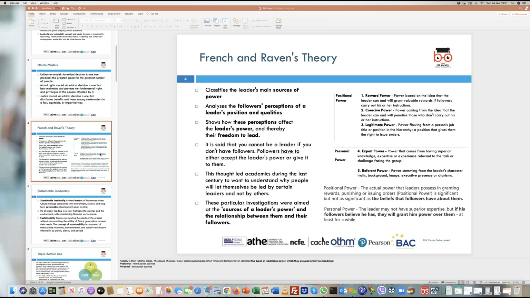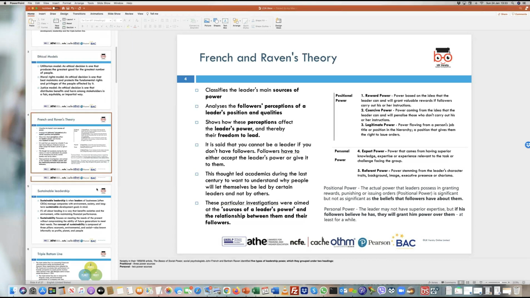When you start wielding these types of powers, whether it's reward, coercive, legitimate, expert, or referent power, it relates to this framework, which is French and Raven's theory that they researched. They proposed these main sources of power for people in positions of supervision, managerial positions, or leadership positions within the organization.